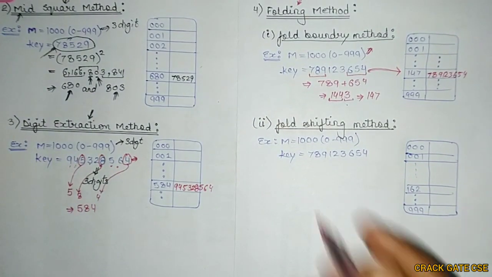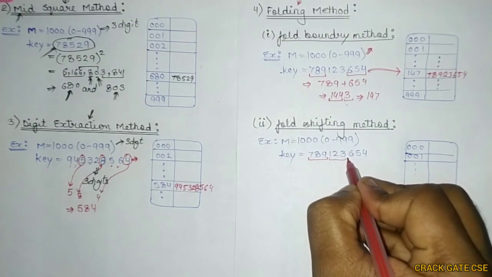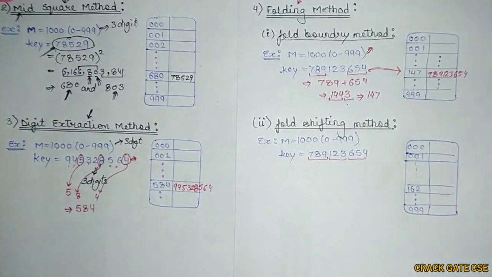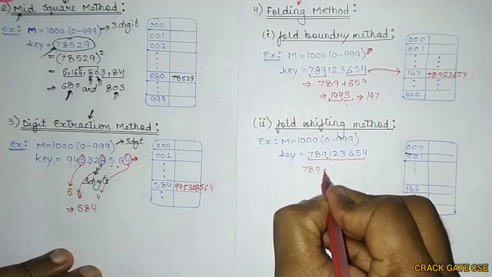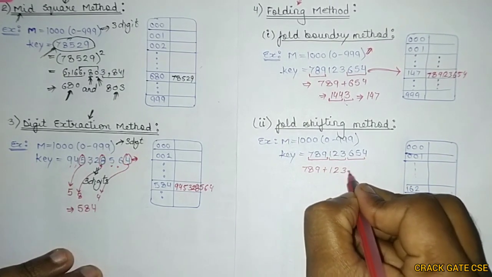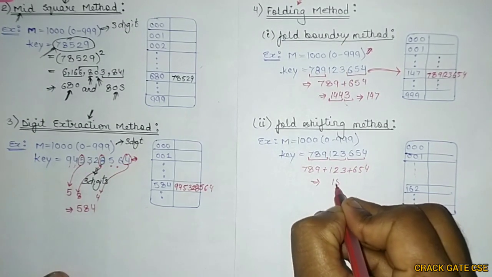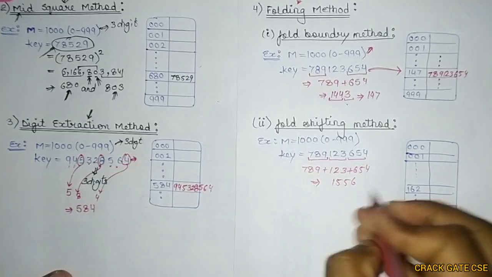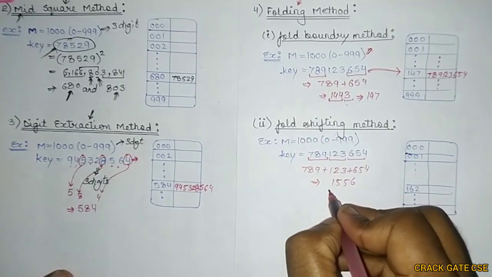Similarly, in the fold shifting method, I will be taking pairs of 3 digits, right? So I am having these 3 groups. Now these 3 values will be added: 789 plus 123 plus 654. What will be the sum? The sum will be 1556. Now again this 1556 cannot be represented in this range because it has more digits.